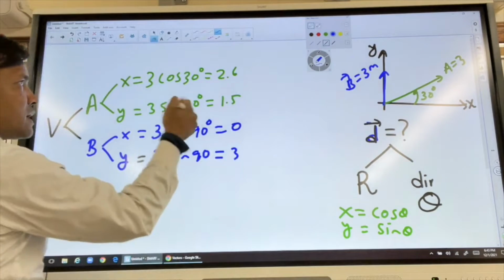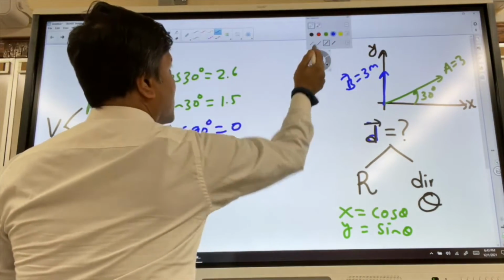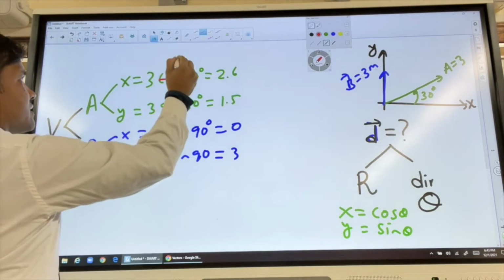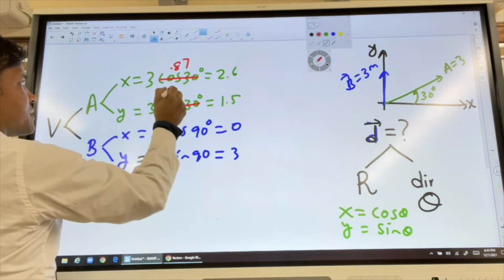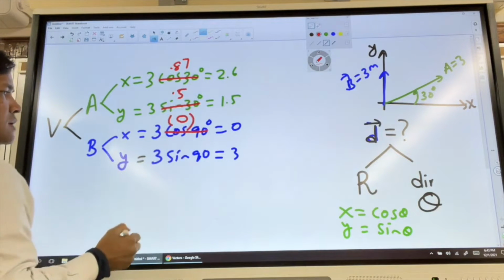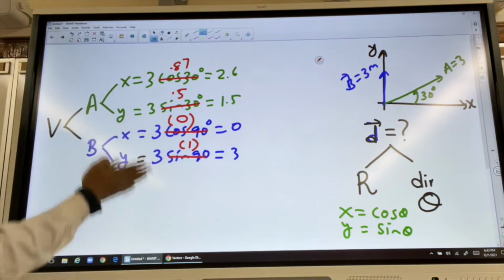You probably wonder how I got them. Very easy. If you put it in the calculator, cosine 30 degrees would be 0.87, sine 30 degrees would be 0.5, cosine 90 degrees would be 0, and sine 90 degrees would be 1. Okay, so this is how I got them.